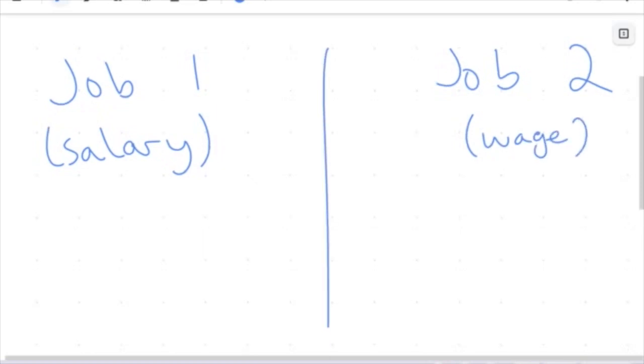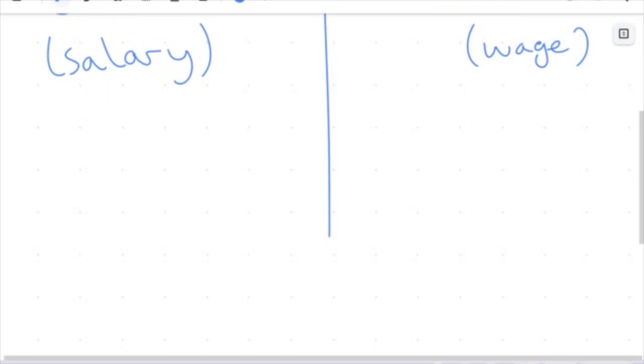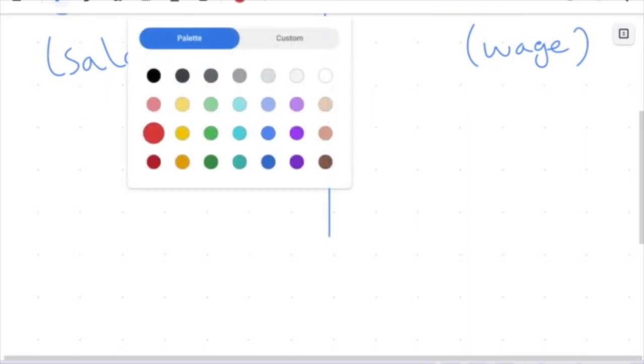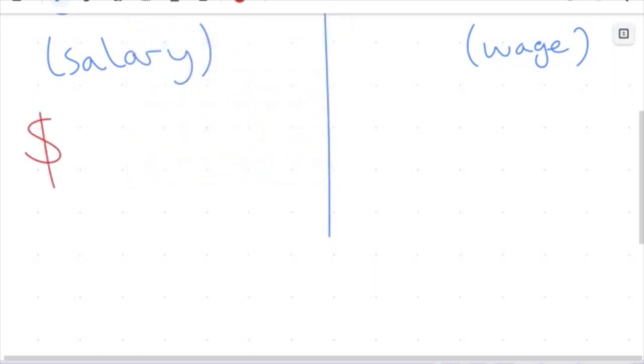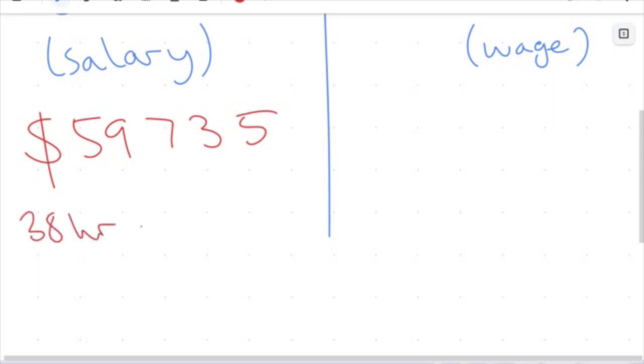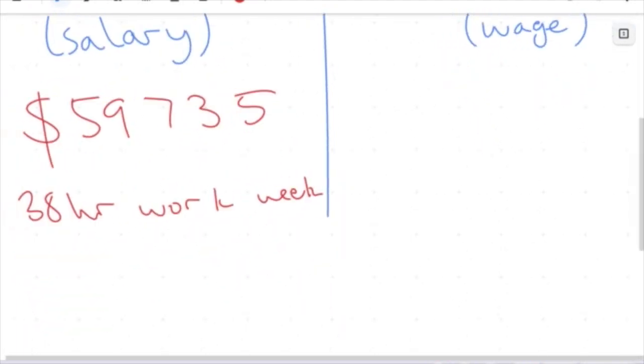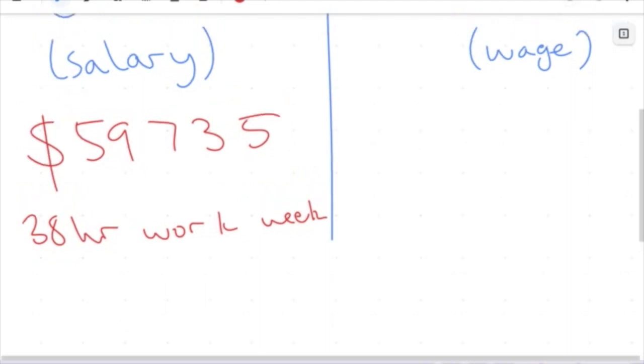With job 1, your salary is $59,735. And this has a 38-hour work week. So from Monday to Friday, you are working 38 hours.